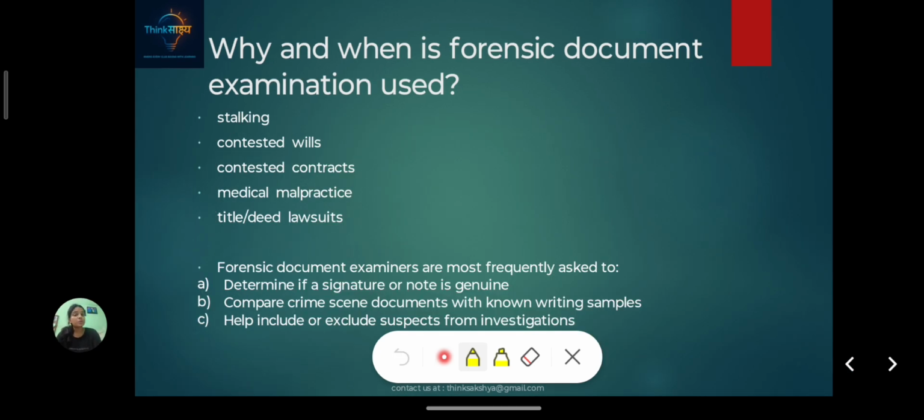They are also used in some civil cases such as stalking, contested wills, contested contracts, medical malpractice, title deed lawsuits, and even when a person makes a fraudulent insurance claim. Most commonly, their job is to check whether a signature or a note is genuine or not. Then, comparing the crime scene documents with known samples of the suspect, they help include or exclude suspects from the investigations.